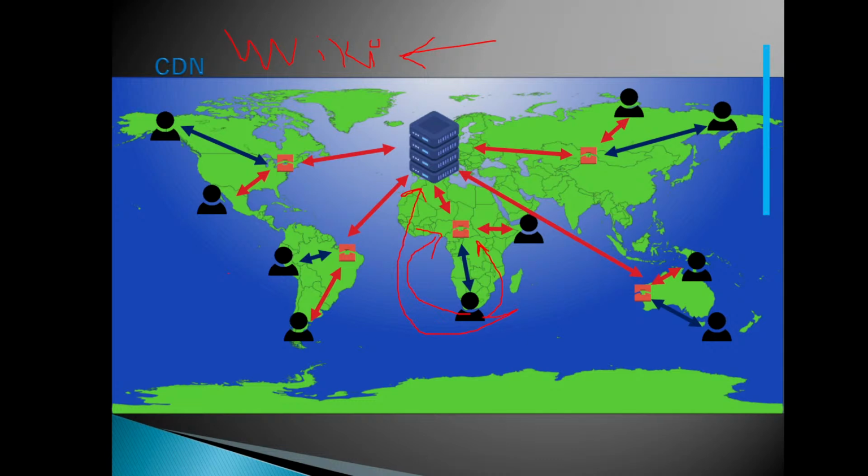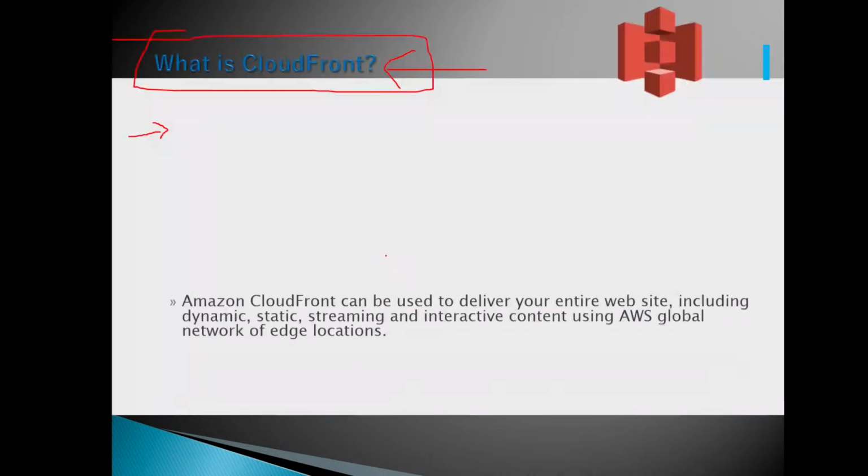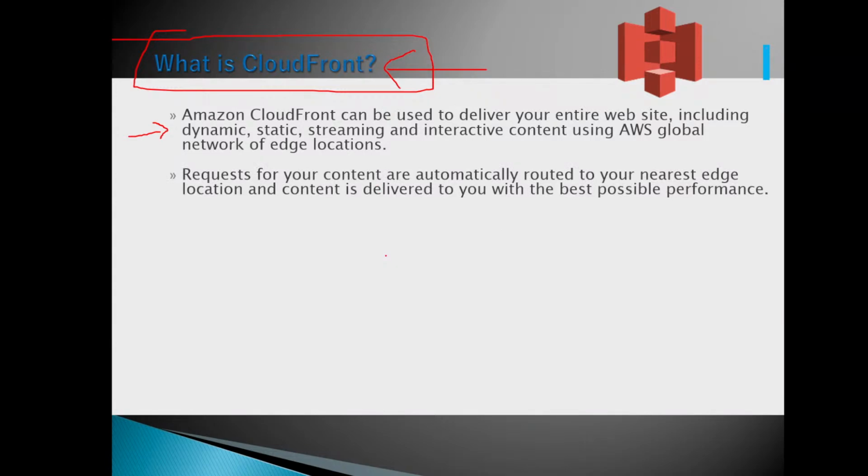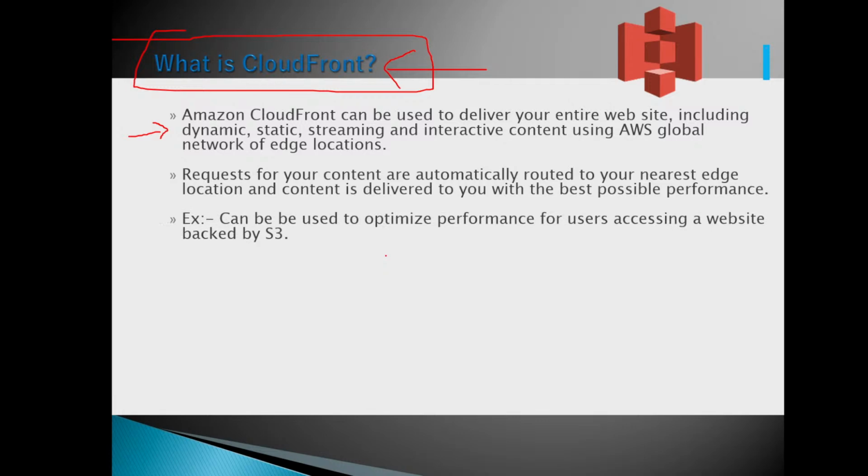No. So you have to change the routing and the networking, such that if Wikipedia is hit by a particular user, first the routing should go to the nearest edge location, and from there it should go to the website, instead of directly going to the website. You have to change that. So Amazon CloudFront will do that for you.